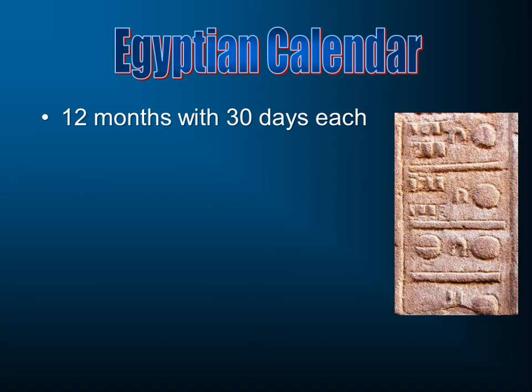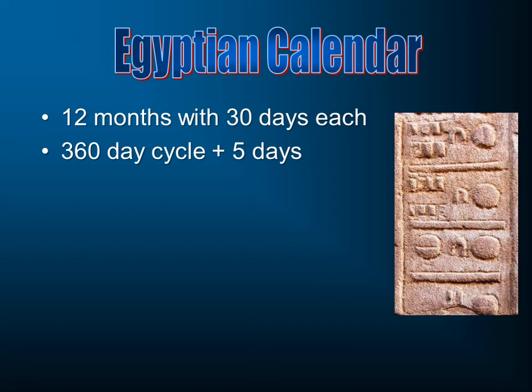The Egyptian calendar had 12 months with 30 days each. And so they had the idea that there ought to be 360 days, and then they would add 5 days. So 360 plus 5 is 365 days, and that's right, except for, remember, we have a leap year.